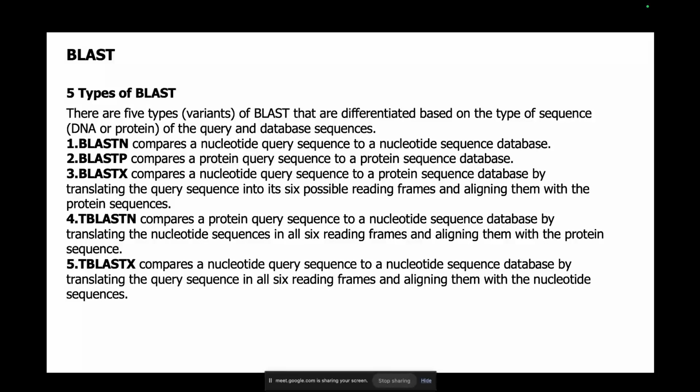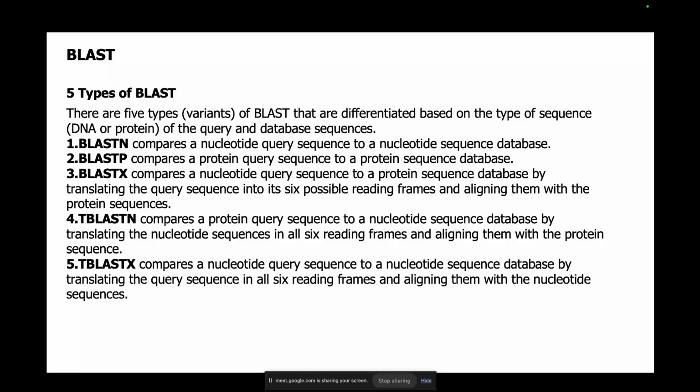So what it'll do is take the protein sequences, convert them back into codons, and from codons convert them back into what would be the DNA bases. Then they align it to all the genomes that they have in their database, right? So something like that is also possible, and there are others as well.